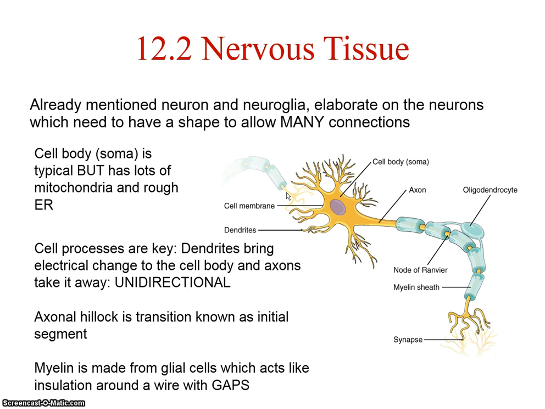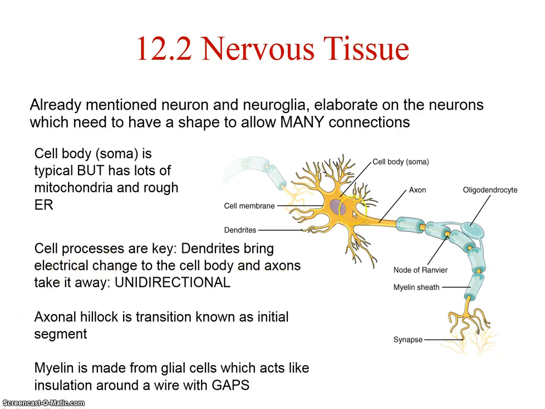All right. So the cell body, which is called the soma, is typical, but has lots again of mitochondria and rough endoplasmic reticulum, as we mentioned. Cell processes are key. The dendrites, as I mentioned, bring electrical change to the cell body, and the axons take it away. So this is unidirectional, one-way flow or change in electrical potential.